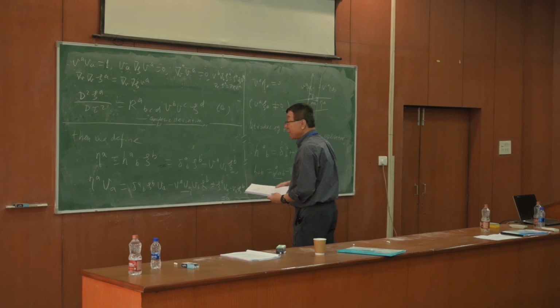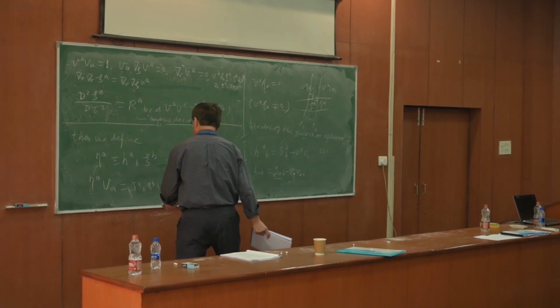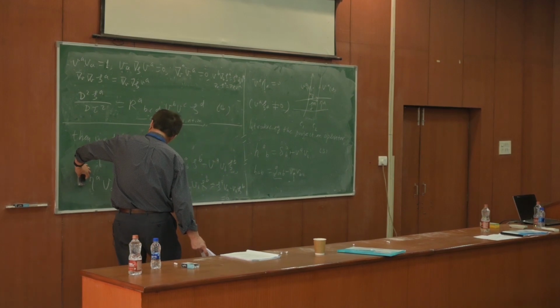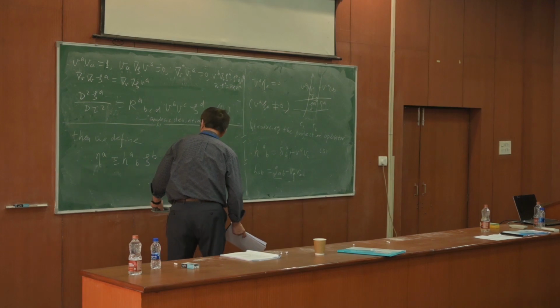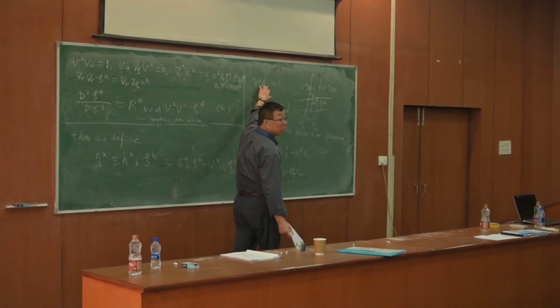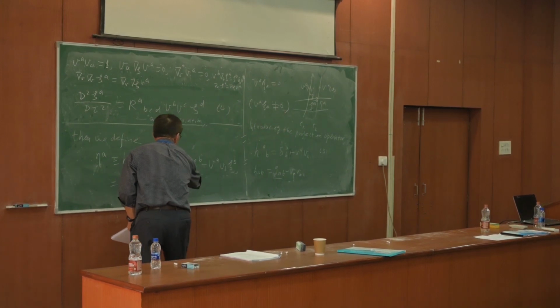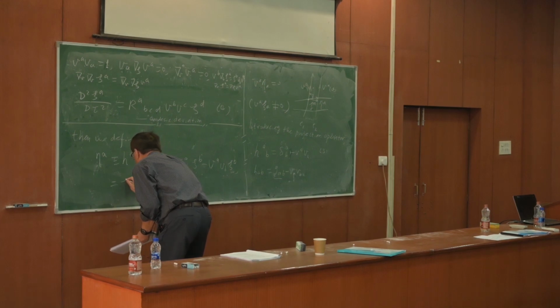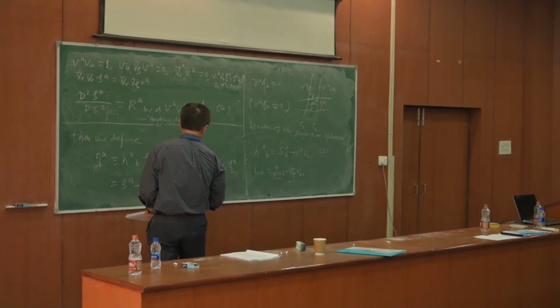So if this actually equals 0, we indeed have this property. I will not prove it. Now I want to write this. This is equal, like what I said, minus, sorry.